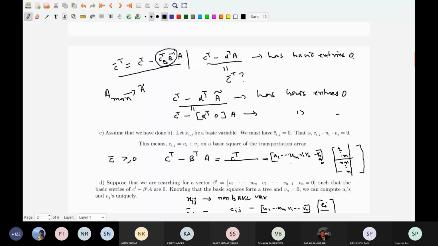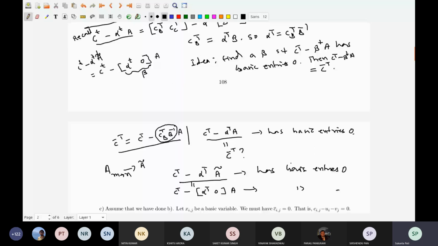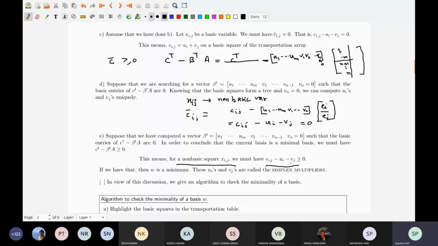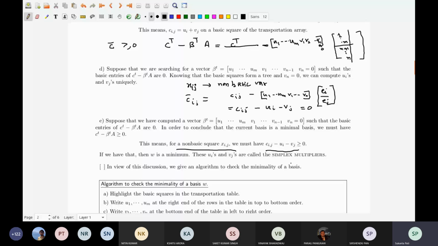Okay, no problem. Now the only thing that is remaining is how shall I get a beta like this? The moment I get a beta, then I can easily compute C bar ij. It's just Cij minus ui minus vj. So I see whether it is greater than equal to 0.